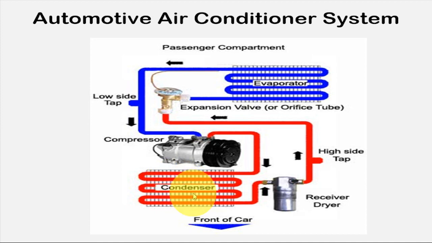That's why the condenser is located at the front of the car, while the evaporator is located in the passenger compartment. So this is the passenger compartment, and here the evaporator is located.